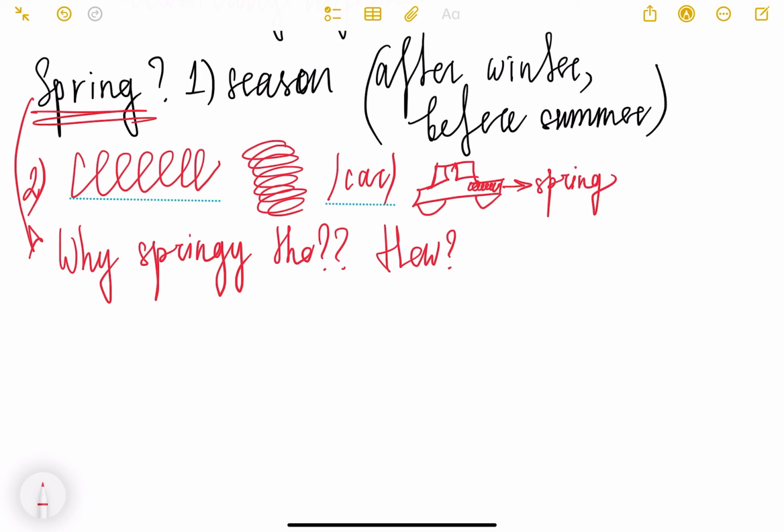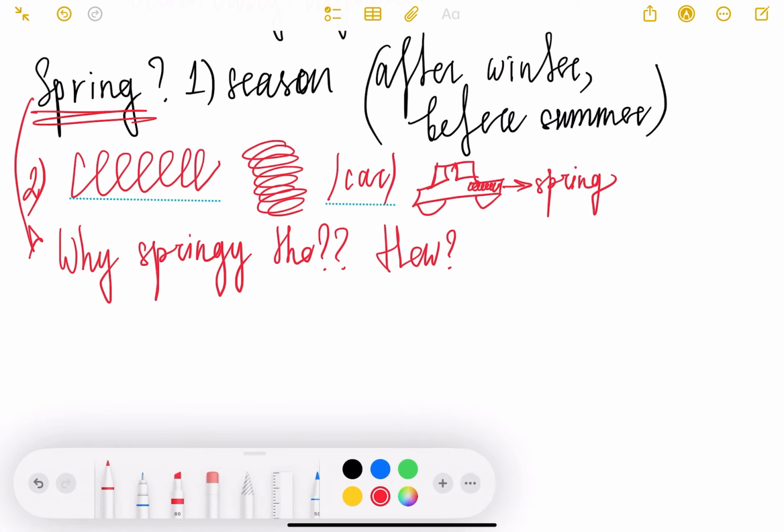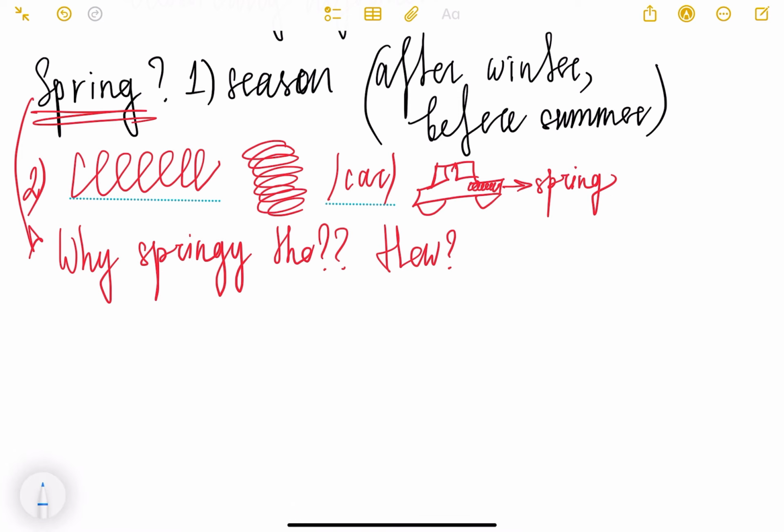In order for a spring to compress or extend, then return to its original shape, it must be elastic. So, the spring is elastic.